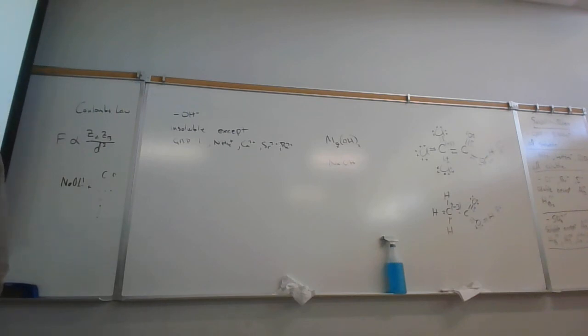Somebody might argue that there's more hydroxide in magnesium hydroxide than in sodium hydroxide, so magnesium hydroxide should be a stronger base. So I should be able to drink the drain cleaner because it has less hydroxide. Is that a good argument?